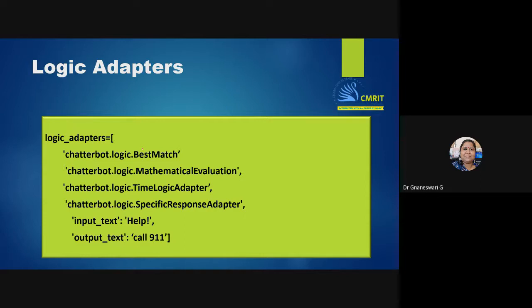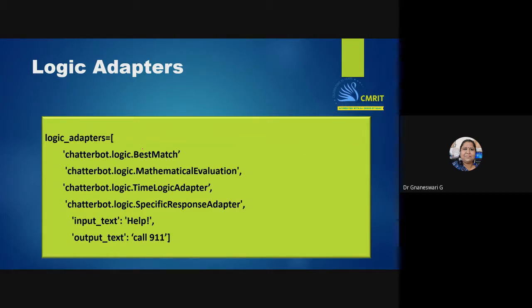Similarly, specific response. Say, for example, it's a healthcare chatbot, and the patient doesn't have any energy to talk. So he just screams help. As soon as you hear the help, you call 911, like country specific. In our country, whatever the number is, you can just call that number, or even directly have a call there.